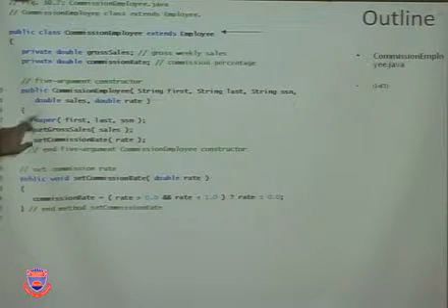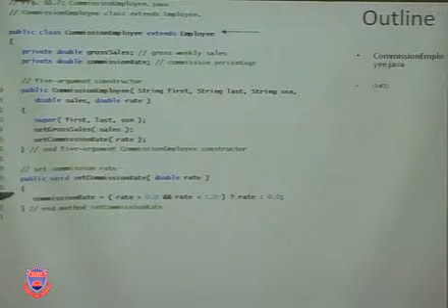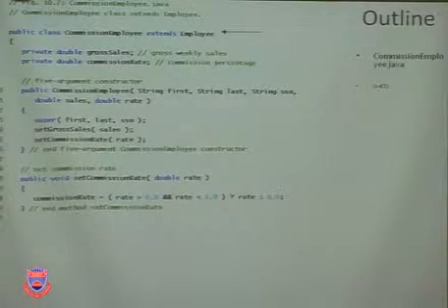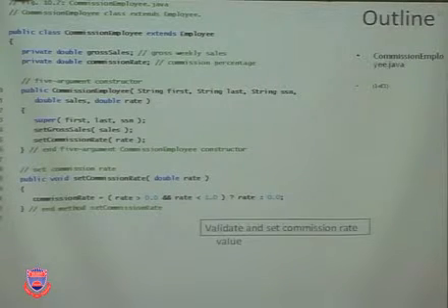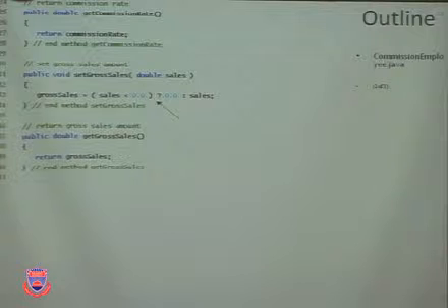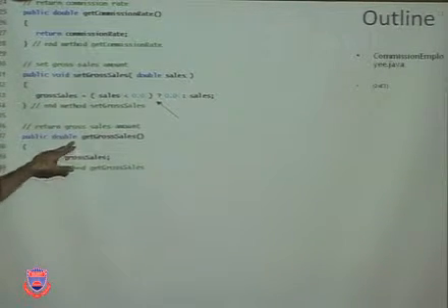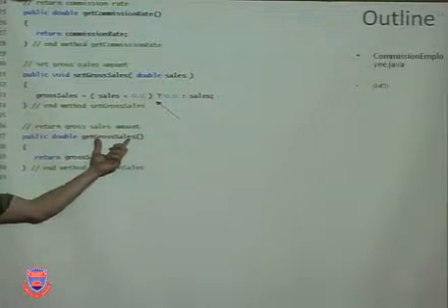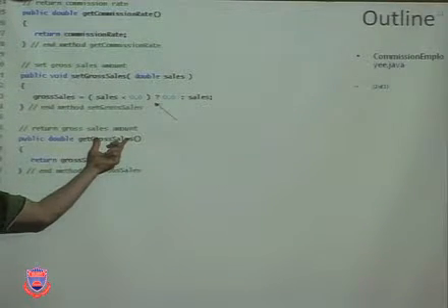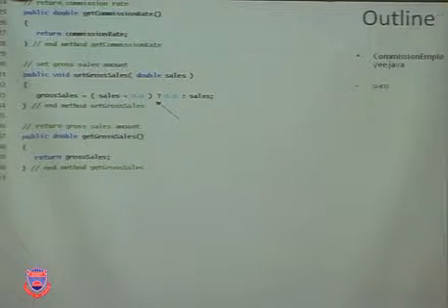You have the super call to create the parent object first for the constructor, and then it has the set commission rate, again the get commission rate, and you have the set gross sales and get gross sales, because gross sales was one of the instance variables of the class. So you set and get that parameter as well in this part of the code.